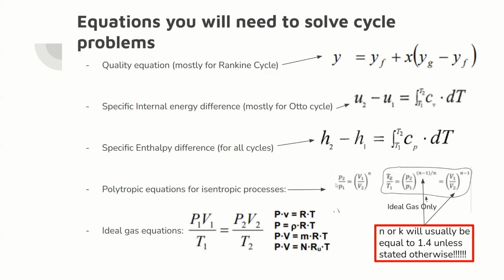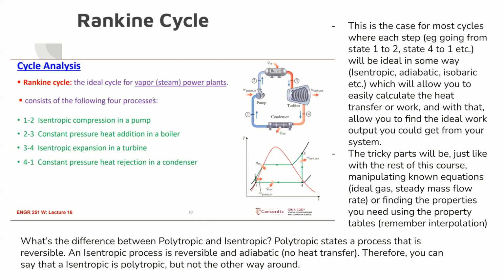They're very useful if you're asked for the temperature at state 2, but you only know T1, P2, and P1. From 2 to 3, it's constant pressure, no pressure change. From 3 to 4, it's isentropic once again, and 4 to 1, constant pressure again.